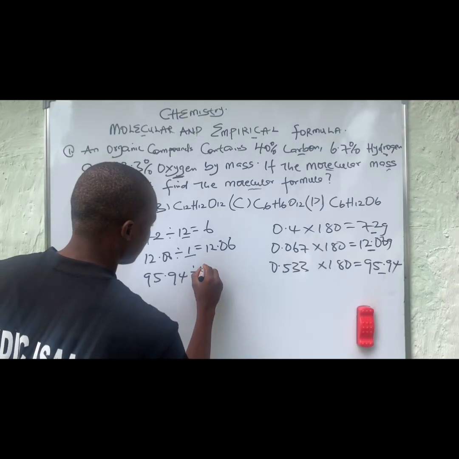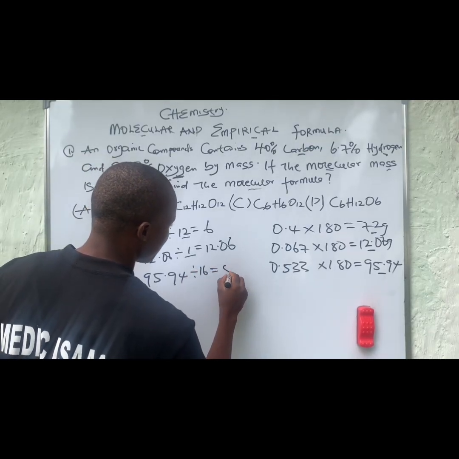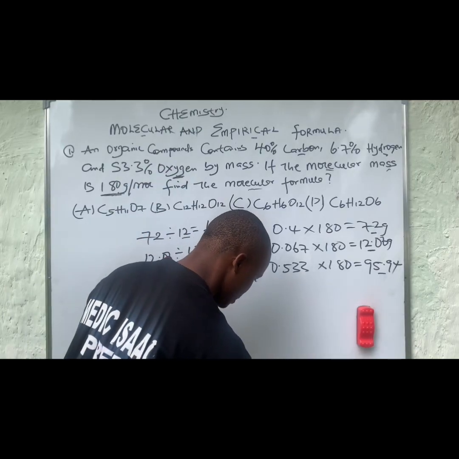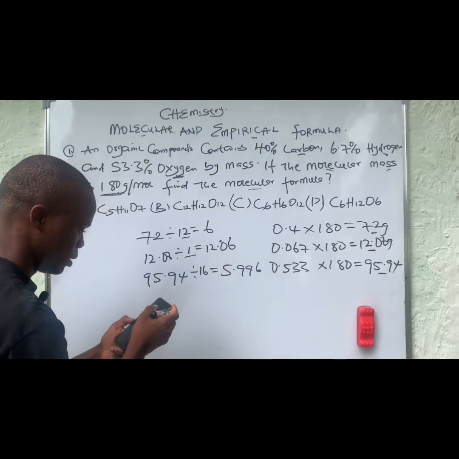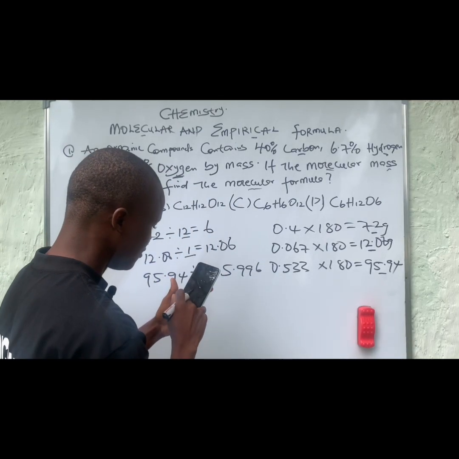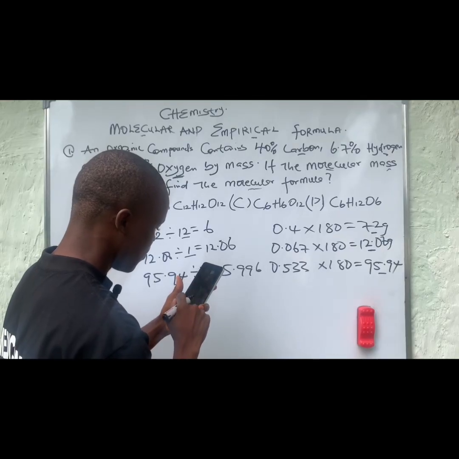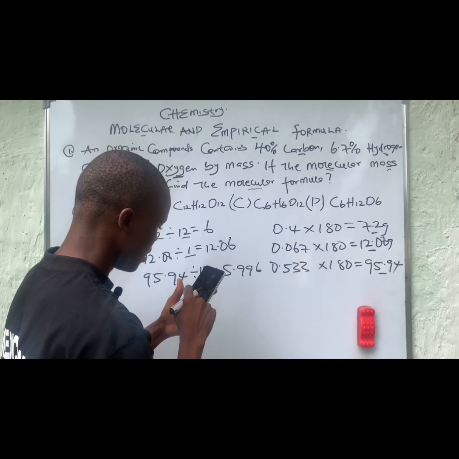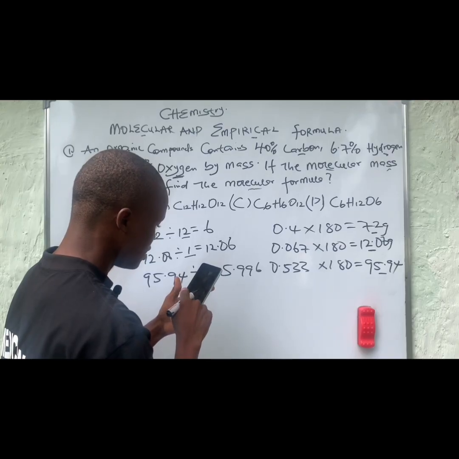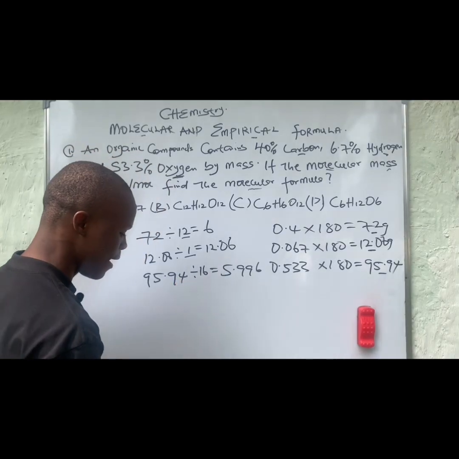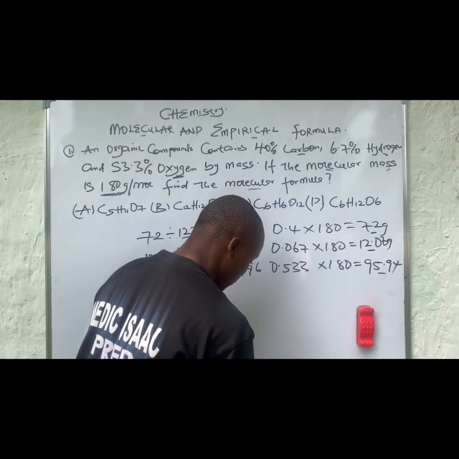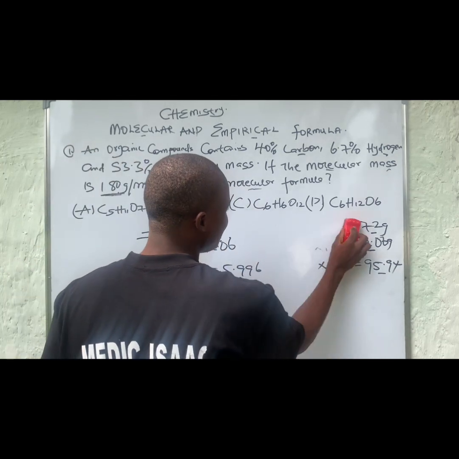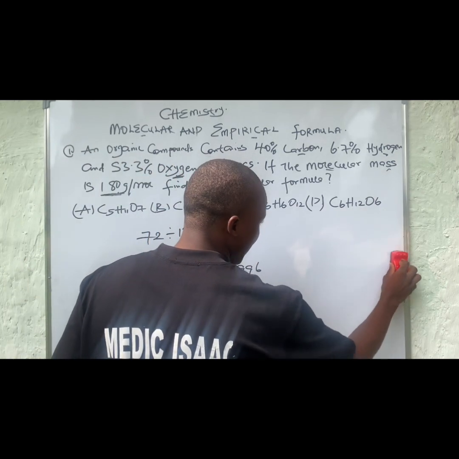Let me check that: 95.94 divided by 16 is 5.996. I am correct.